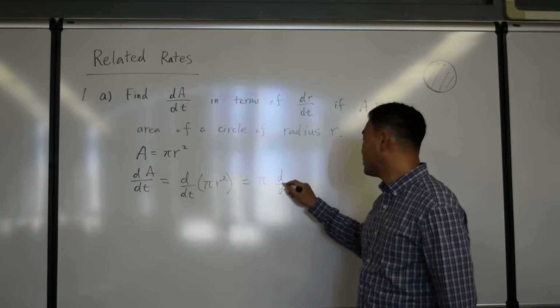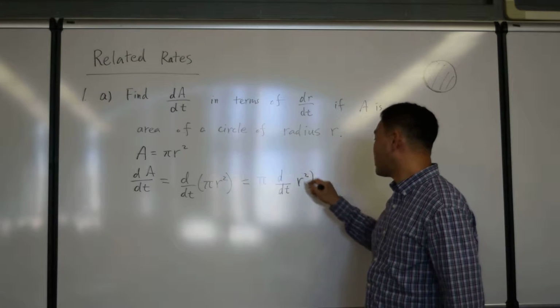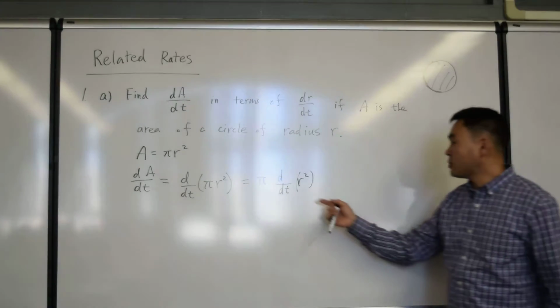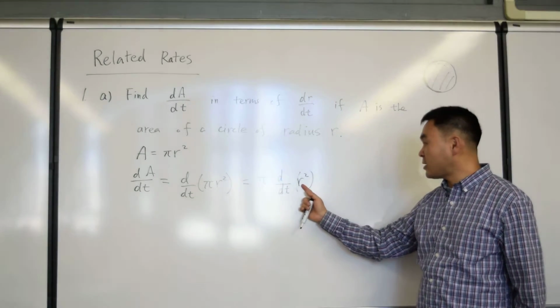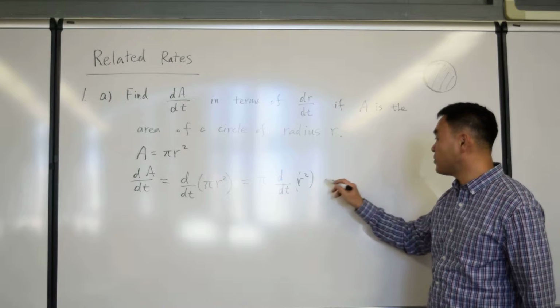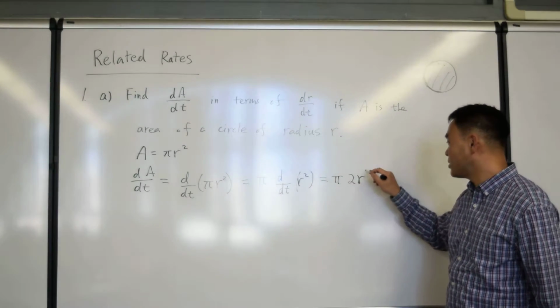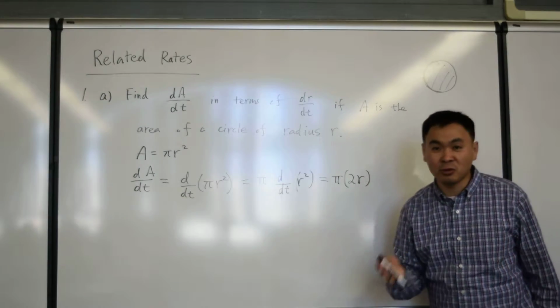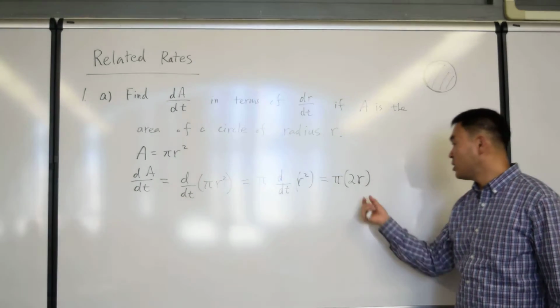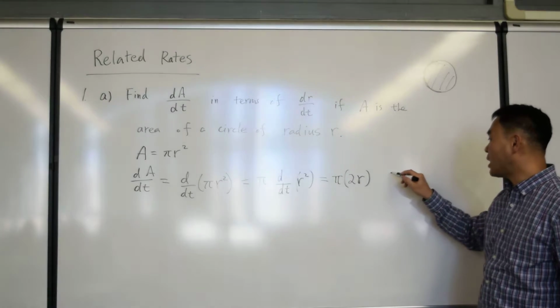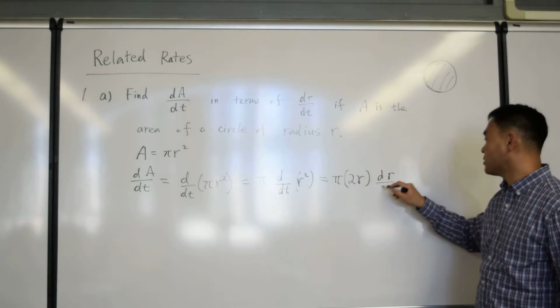And then I only have to differentiate r squared. And because this r is a function of t, nested inside the square function, we differentiate r squared as a function of r first. In other words, you differentiate the outside function. But the inside function has to be pulled out, and you have to differentiate it.